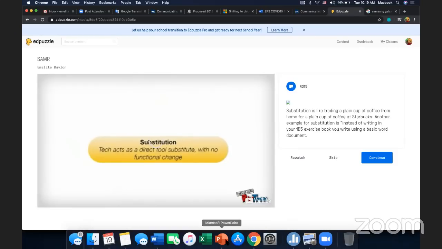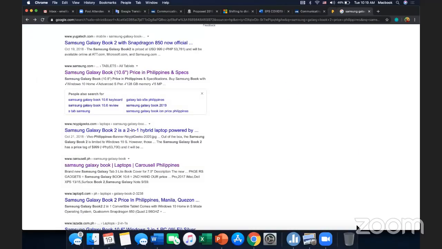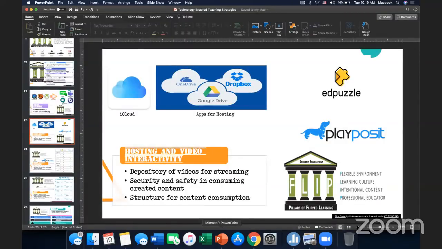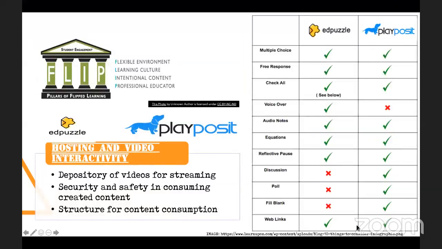So let me go back to my PowerPoint so that we can continue talking about the two. These are some ways to differentiate Edpuzzle and PlayPosit.